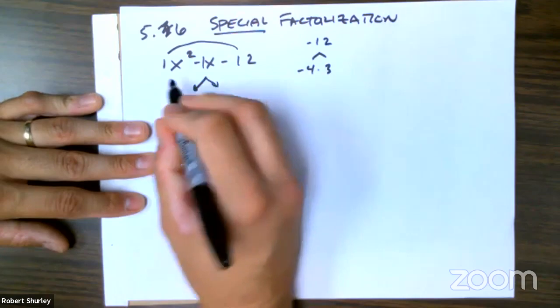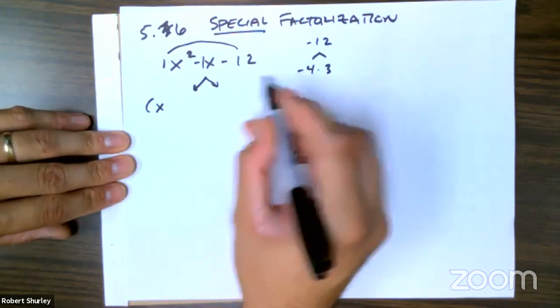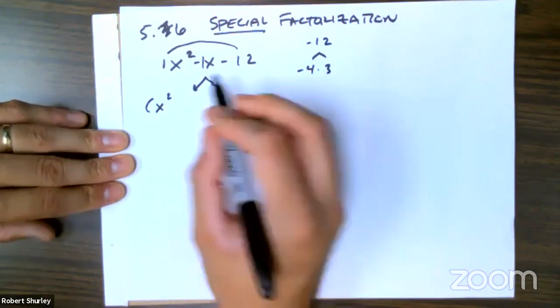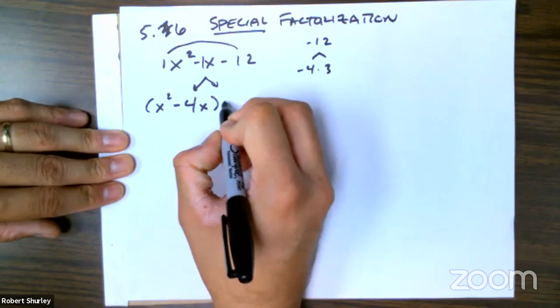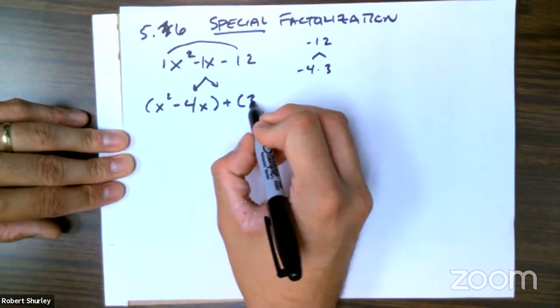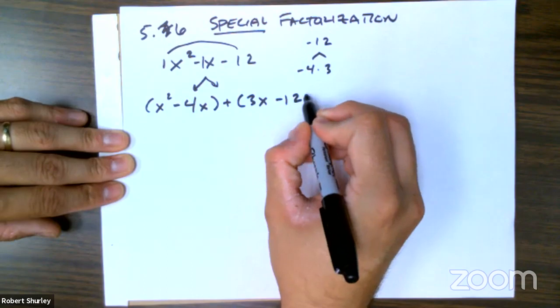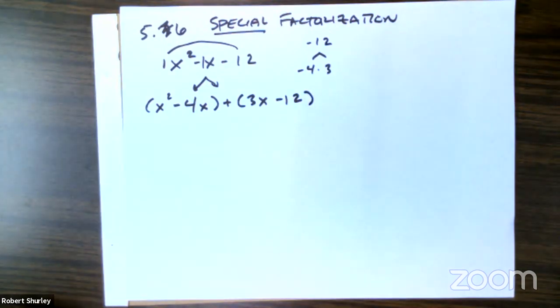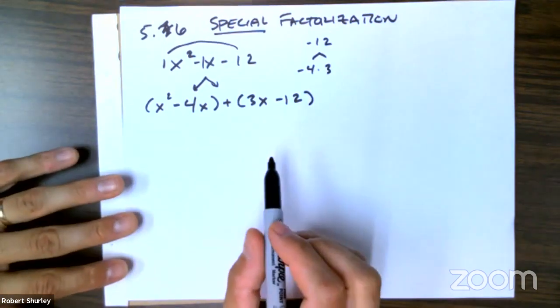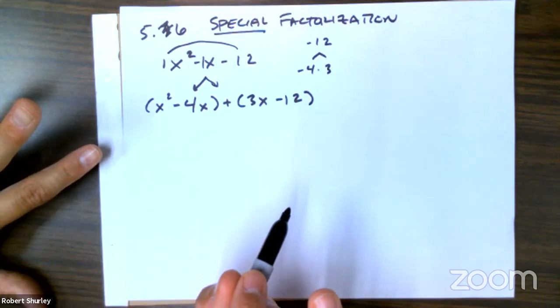Then I'm going to split it apart, and it becomes x squared minus 4x plus 3x minus 12, because that puts the positive 3x there. Are we good so far? Yeah. Okay.